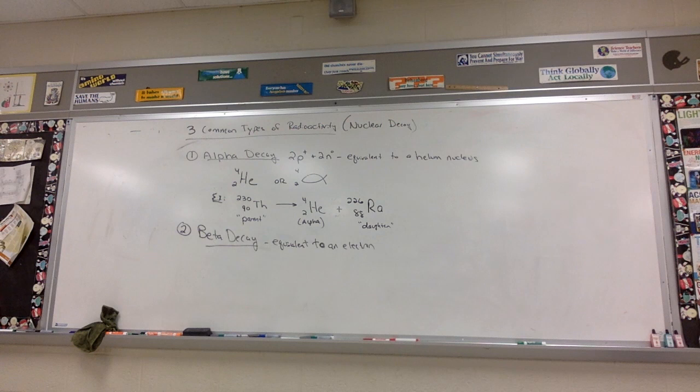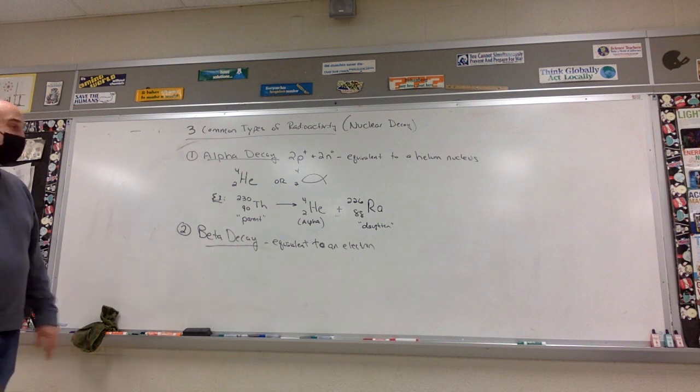Okay. But you might say, well, how does an electron come out of the nucleus? This is nuclear decay, right? It's the nucleus that's decaying. We know that in the nucleus, it's protons and neutrons, right? The electrons are outside the nucleus. So if this is nuclear decay, how do we give off something that's equivalent to an electron?